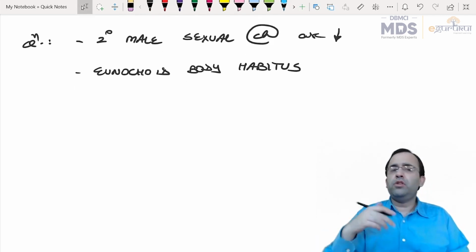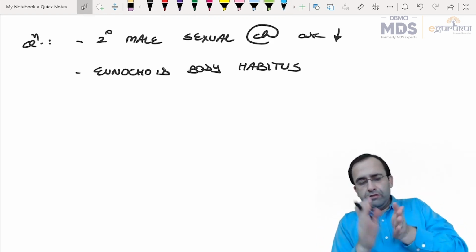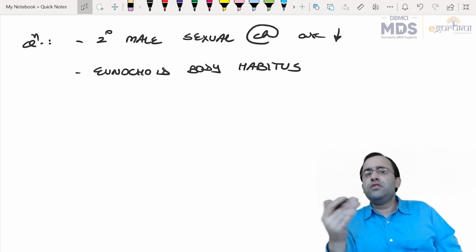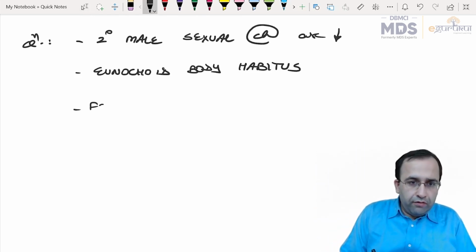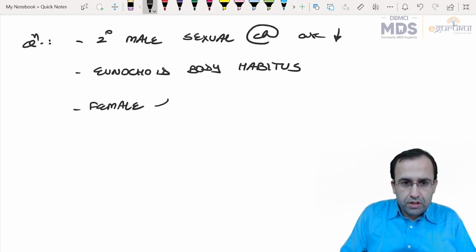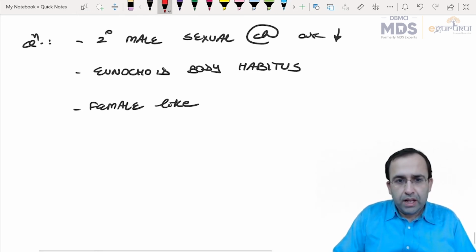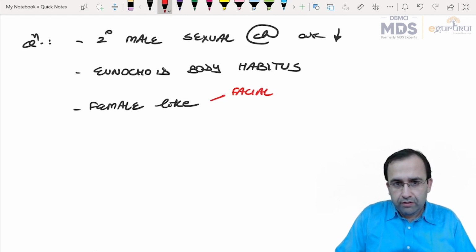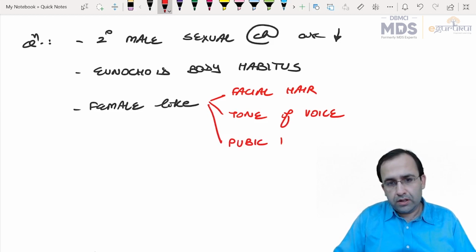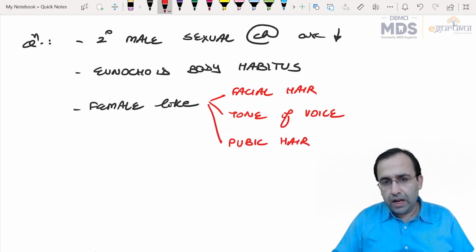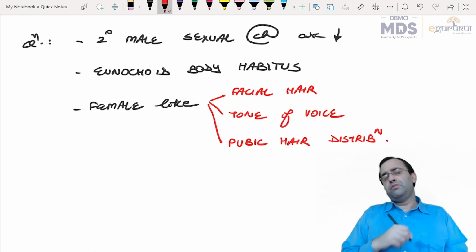All of you would have seen eunuchs: male, female, and the third sex. The patient is tall with female-like facial hair, tone of voice, and pubic hair distribution.